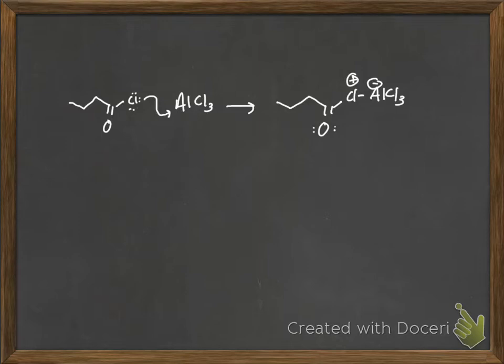So the next step is going to be kind of the weird one, because your oxygen will form a new pi bond and knock that off. So what you've got here now is this.